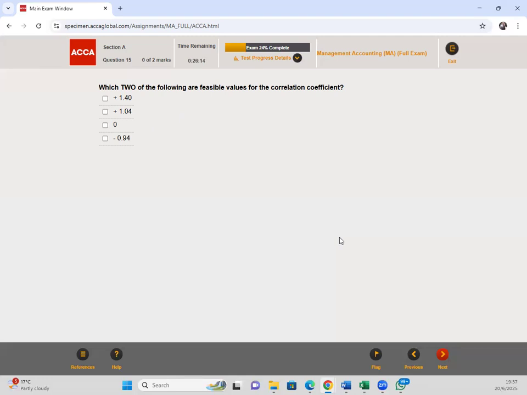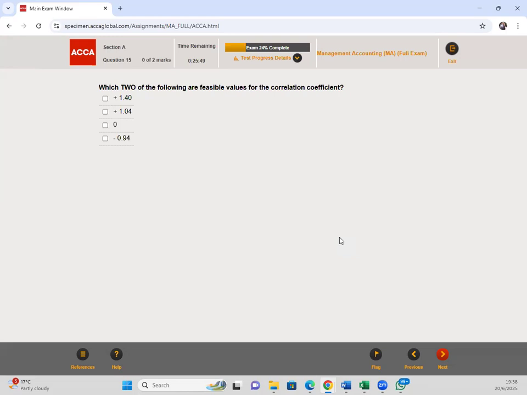Are these two related? The correlation coefficient ranges from 0 to 1, sorry, it's not from 0, it's from -1 to 1.